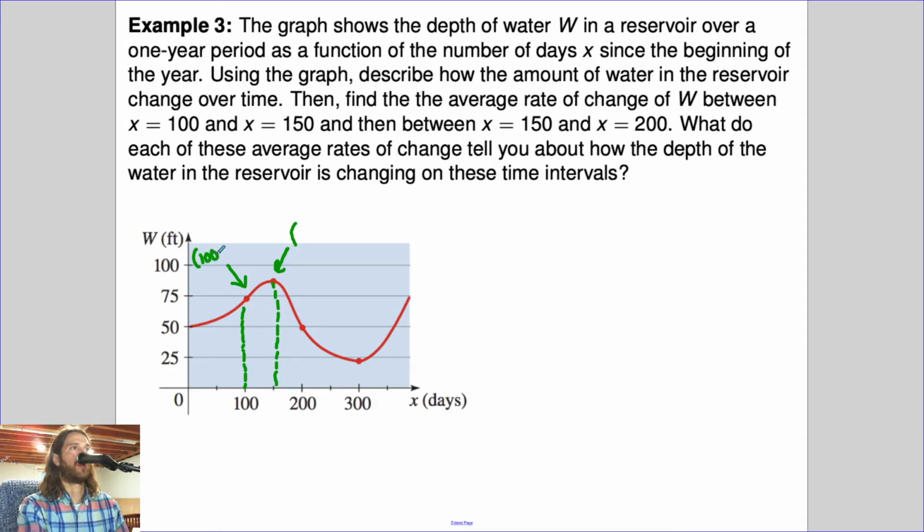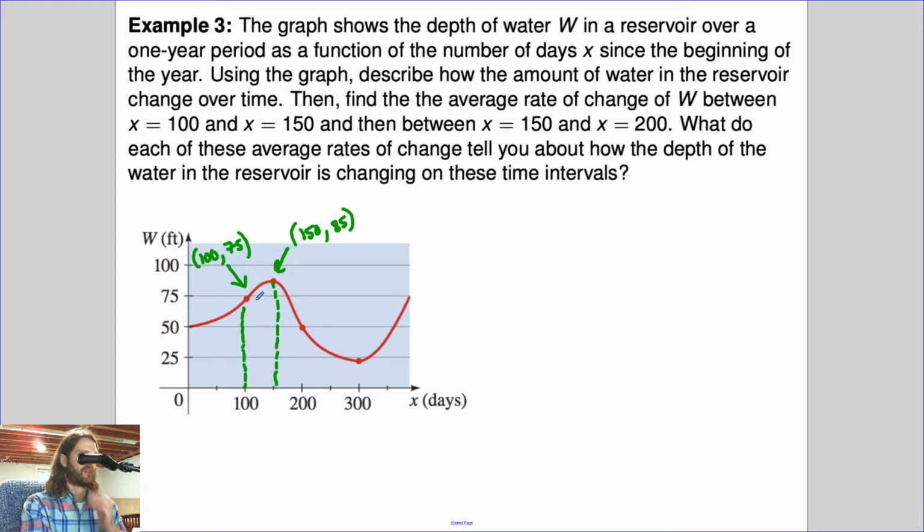It looks like 100, comma, it's pretty darn close to 70. I'll say 75. This one looks to me like 150, comma, and I'll guess halfway-ish, maybe a little bit lower. It looks like at 150 we're up here at 85.